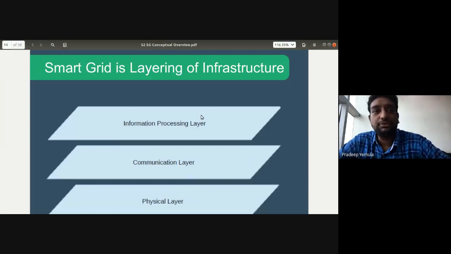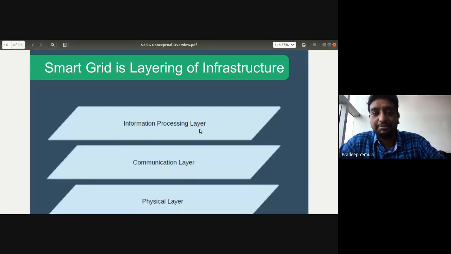See, what is the role of the communication layer? The role of the communication layer is to gather information, what is going on in the physical layer, and collect that information and provide it to the higher levels. In the information processing layer, the gathered information is monitored and some decisions are made.